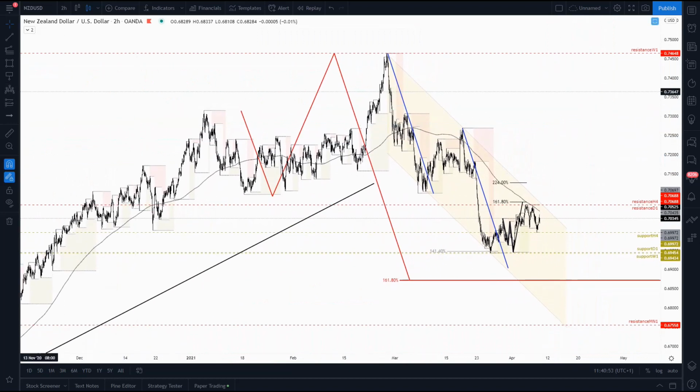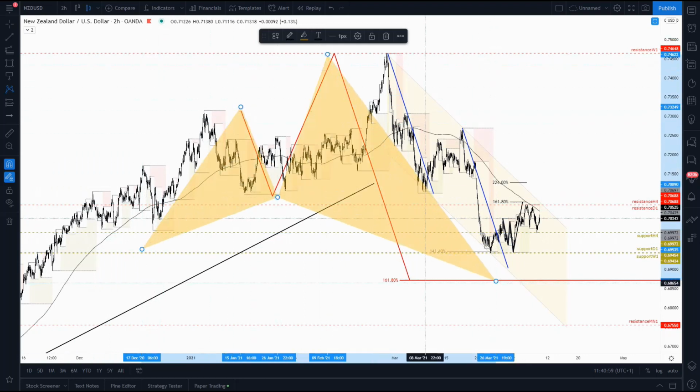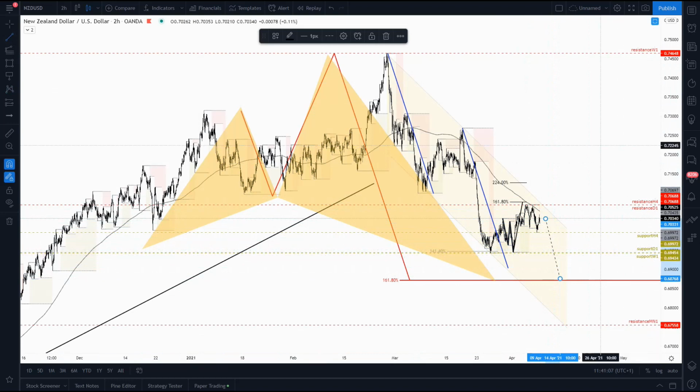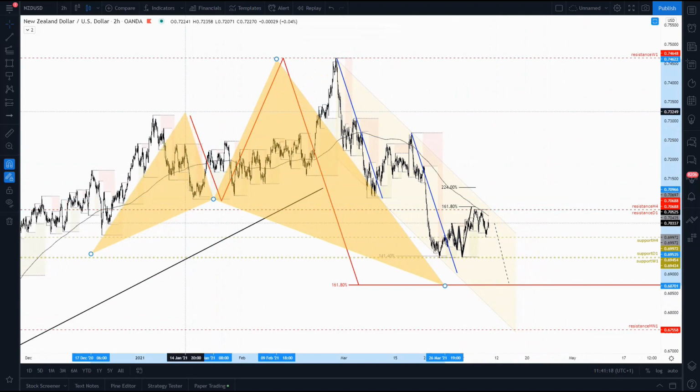I also shared the eventual formation of the shark pattern below, so that remains a valid option. If the market is pushed to new lows below the daily fractal and weekly fractal support, we may see the formation of the bullish shark pattern, the major one, this higher degree structure.